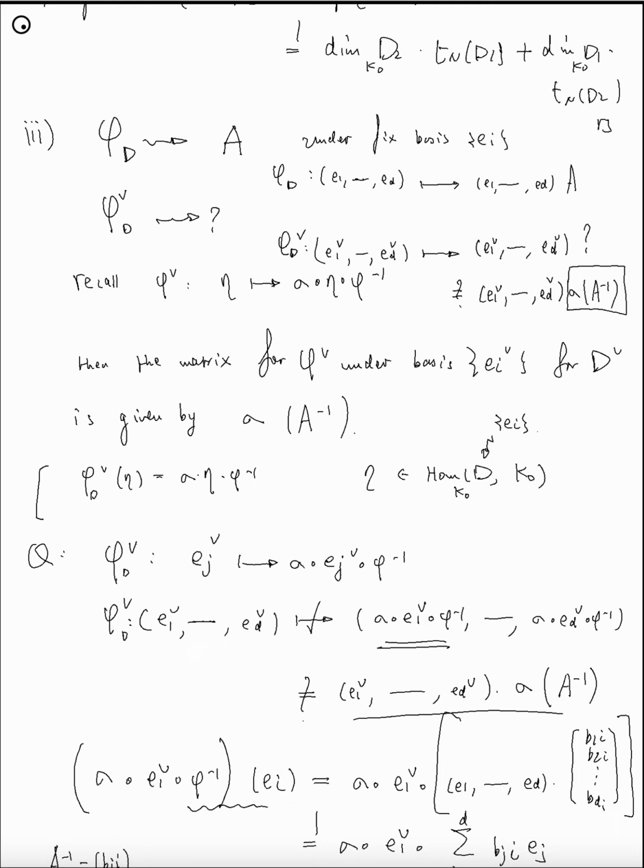For example, let's check the first component. So the first row, first component is sigma E1 du for the inverse with map with X on arbitrary basis element EI. This gives you sigma composed with E1 du composed with Frobenius inverse acting on EI.